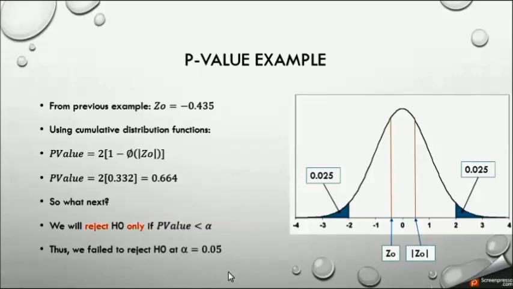So we fail to reject H0 at alpha 0.05 because the p-value is much larger than the value of alpha, which is clear from the graph.